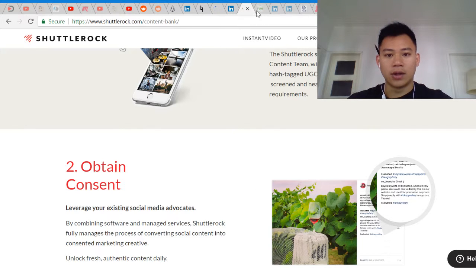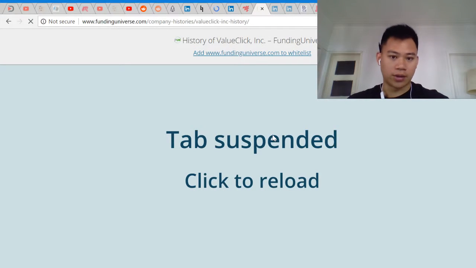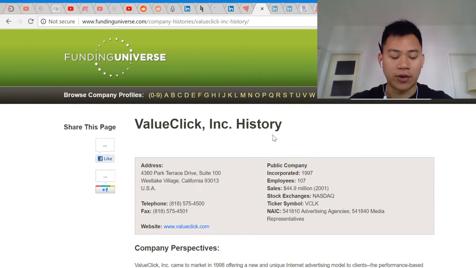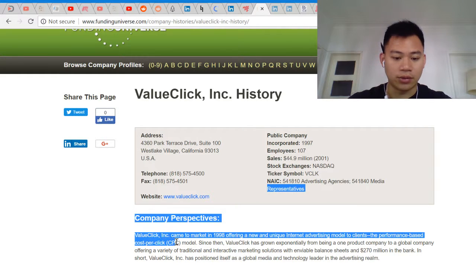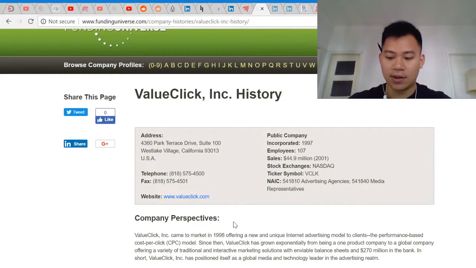Okay. Also another website here, just to talk about ValueClick, his old company. So ValueClick is his innovation in the digital advertising industry. They invented what's called a cost per click model. So every time someone clicks, they charge the company they're advertising for.